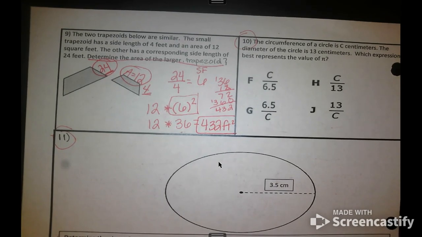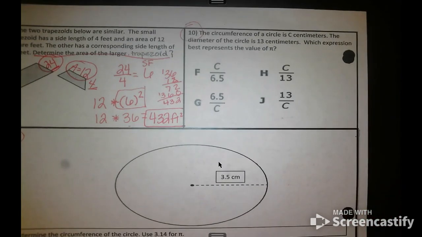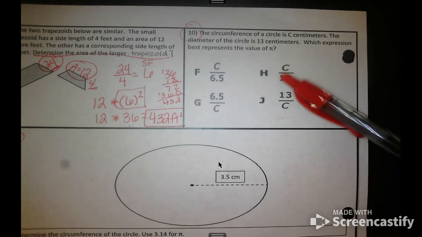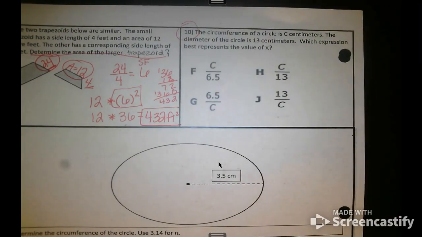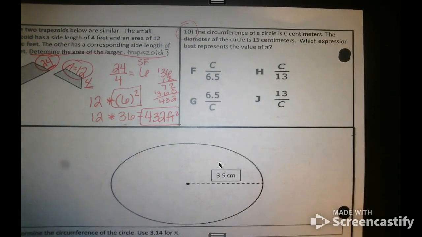Okay. All right, this is a STAR question. I have looked at the last several STAR tests, and one like this has been on almost every single one. Now, your notes that we did the other day, before we even started solving for circumference, our notes had us make the connection. Okay, I'm going to refresh your memory real quick.